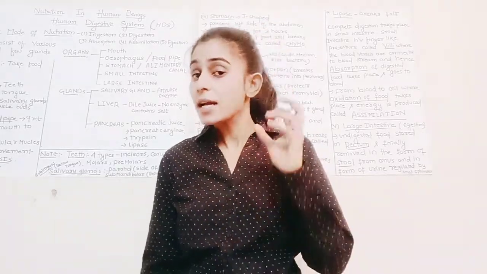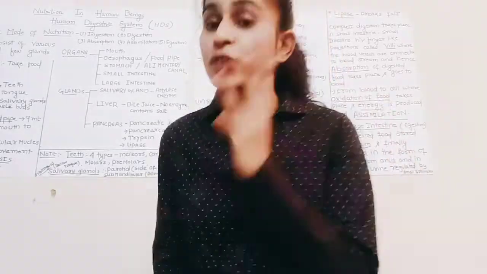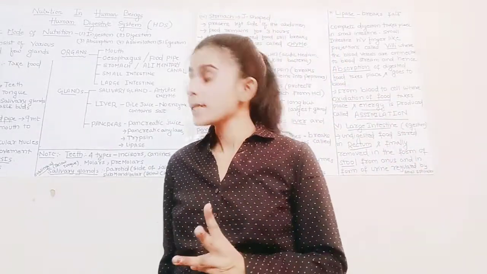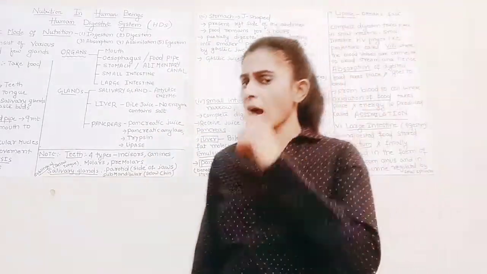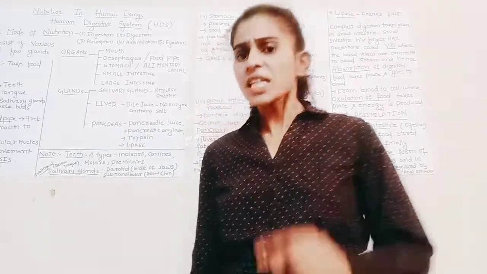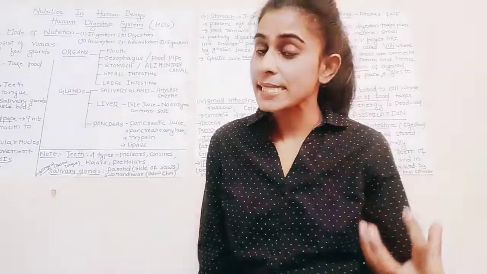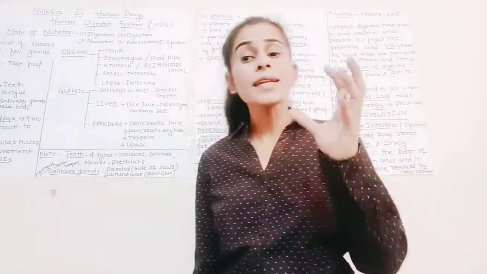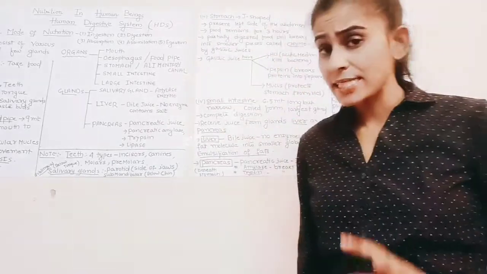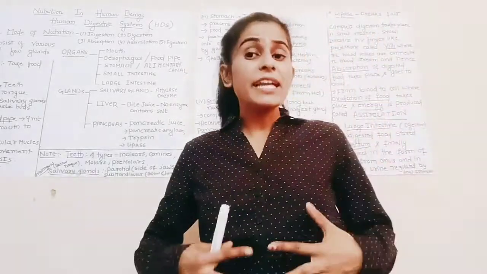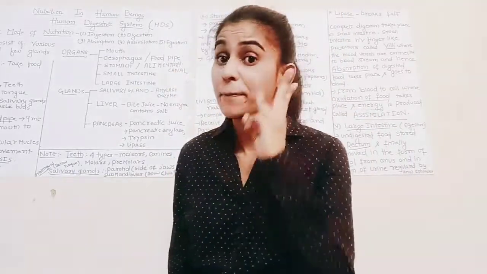And this chyme remains in the stomach for at least 3 hours. So I told you that the food bolus is converted into chyme by the digestive juices. So what are these digestive juices? These digestive juices present in our stomach have three main substances.